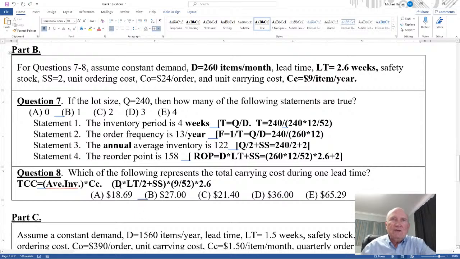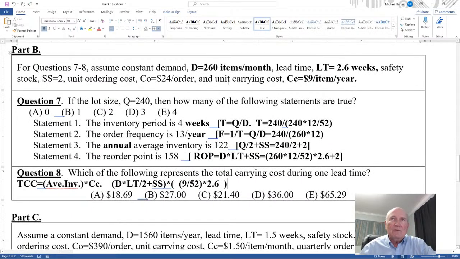I take my average inventory, double parenthesis it, and this represents my carrying cost per lead time. In other words, this is my carrying cost per week, and times 2.6 weeks, this is my carrying cost per 2.6 weeks.